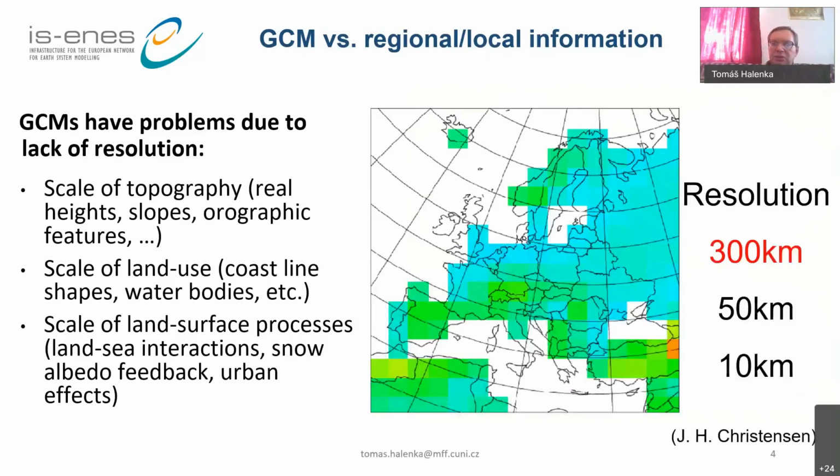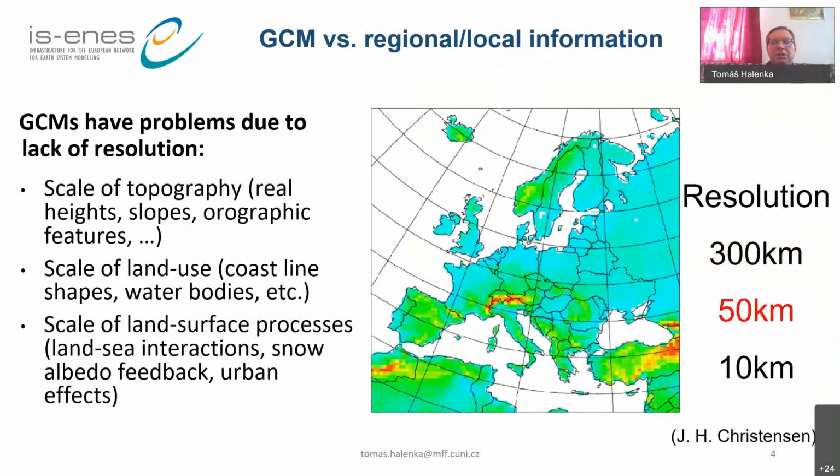Well, that's about the resolution. I took one nice example from Jens Christensen's earlier presentation, and you can see how a 300-kilometer resolution GCM sees Europe, its topography and its coastlines.